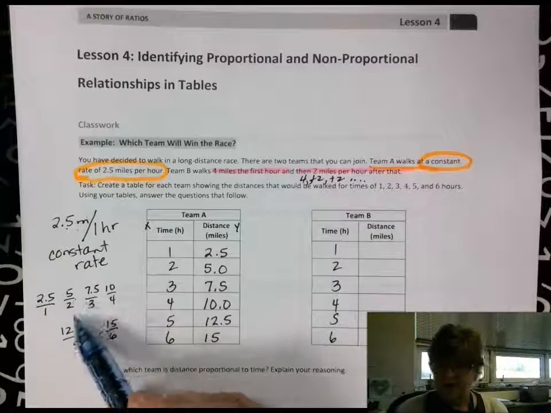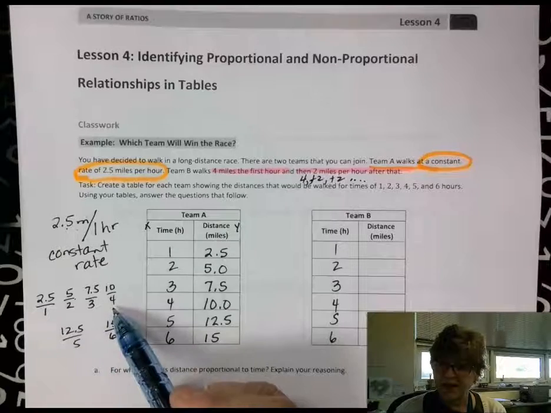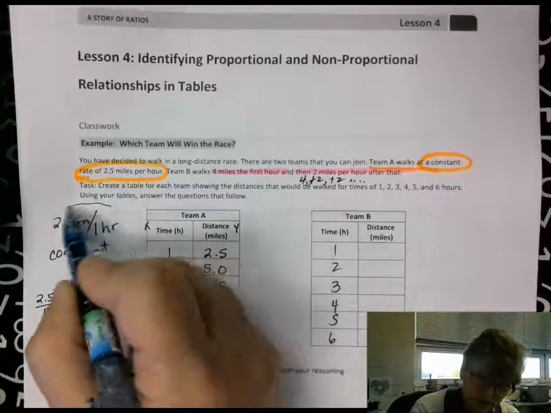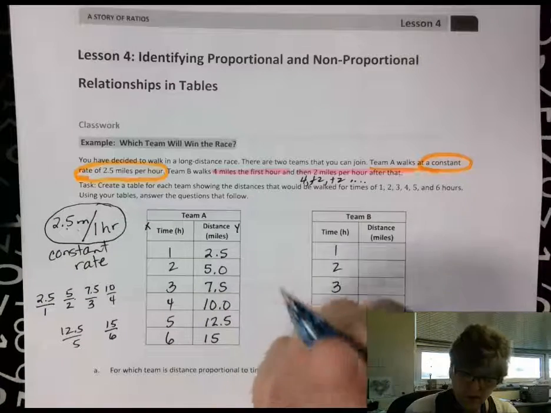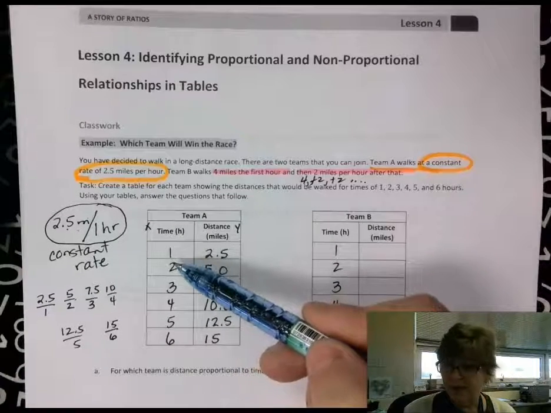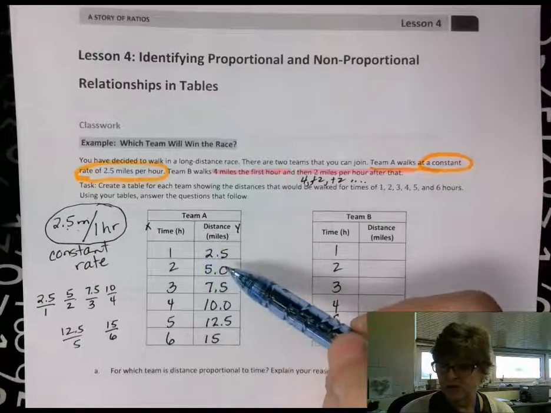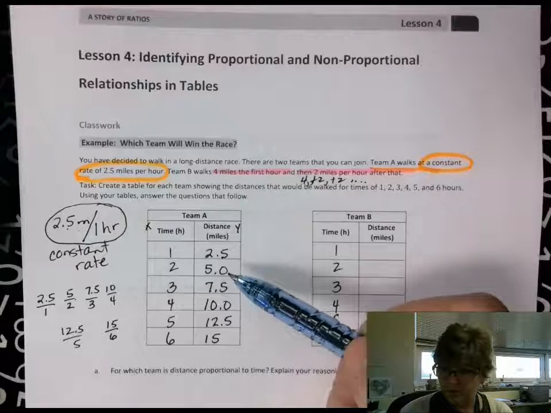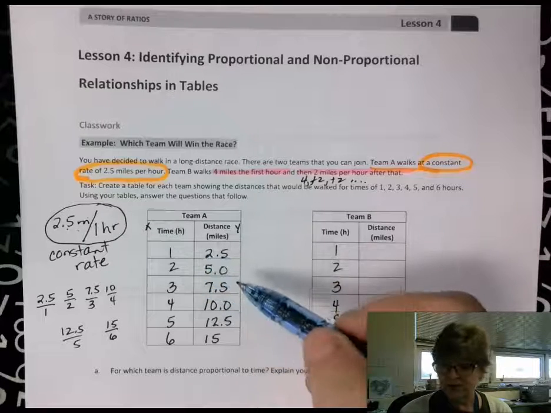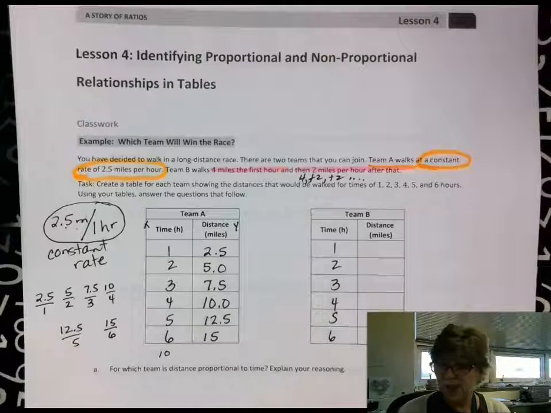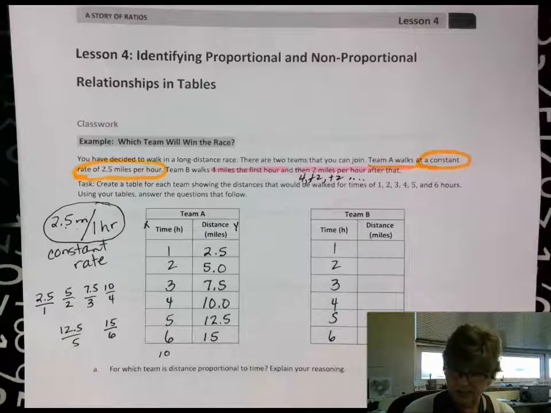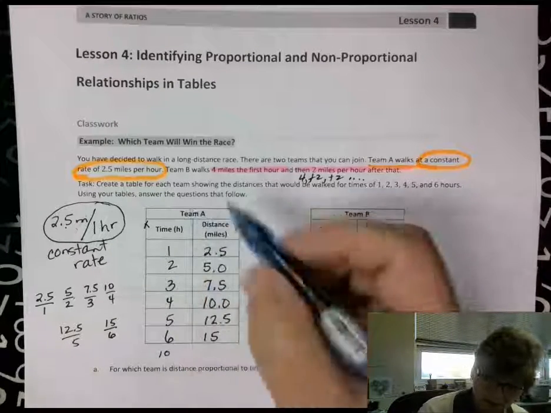And if you were to simplify each one of these, you would find that they actually meet that constant rate of 2.5 miles per hour. So what did I do to the number of hours to determine the actual number of miles that would be traveled? And the reason why I want to ask that question is that what if I was doing 10 hours? How many miles would I travel or walk?